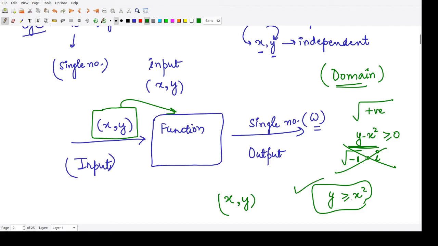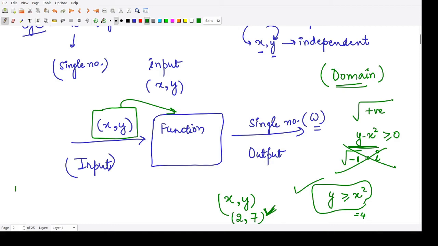Suppose you take x as 2, so x squared would be 4. Then you could choose y greater than or equal to 4, say 7 or whatever number you like. This is an appropriate input for this function.